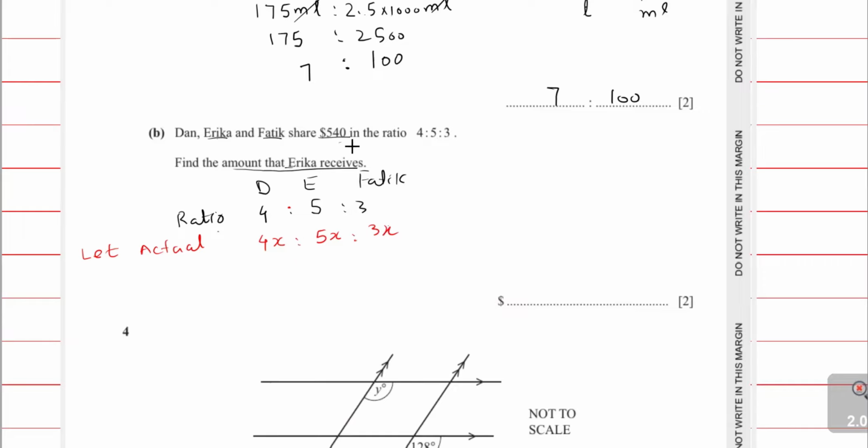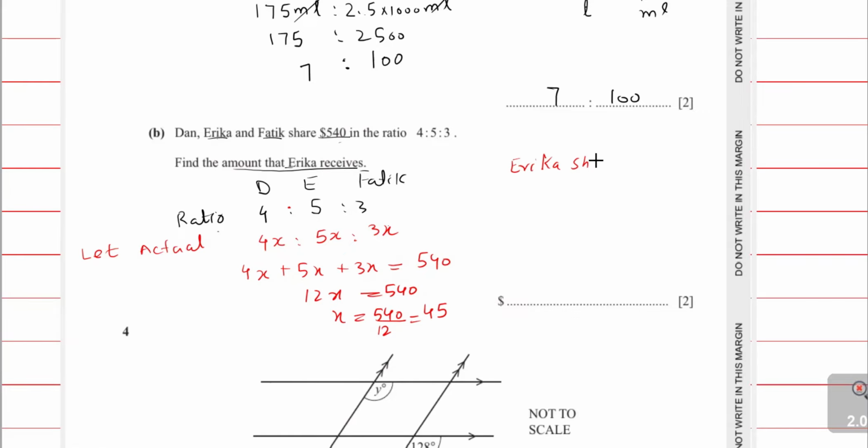And the total value of Dan, Rika, and Fatik equals the total share, this is 540, and therefore 12x equals 540, and x will be equal to 540 divided by 12, and this will be equal to 45.